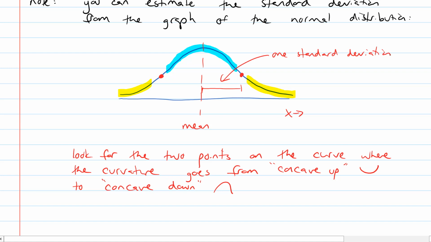And I think you can see that the majority of your points are going to be within that. Empirical rule says it's going to be about 68% within one standard deviation from the mean. We're going to refine that a little bit later.